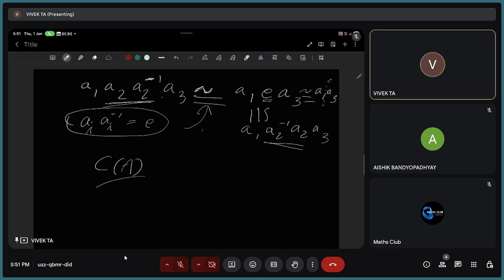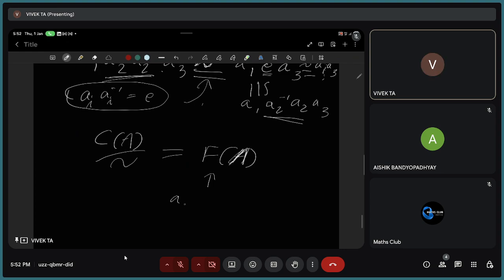So you partition the set using equivalence classes, and then in the image set we have these properties: a1 a2 is equal to a1 a3 inverse a3 a2, which is equal to a1 a3 a3 inverse a2.